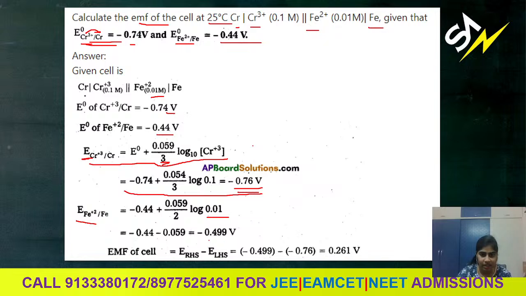You will get the value as minus 0.499 volts. To calculate the EMF of the cell, you need to apply the formula: E of the right hand side electrode minus the left hand side electrode. We have this as right hand.